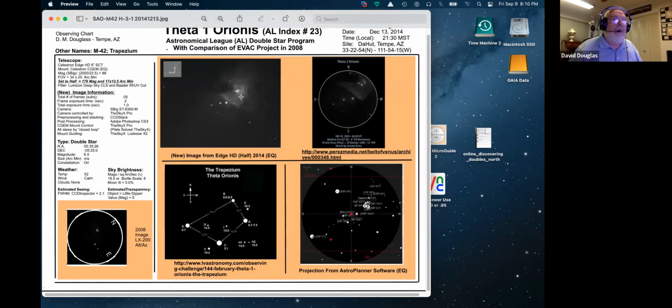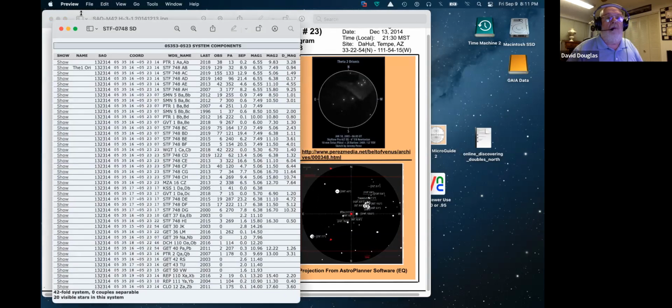The trapezium is in the Orion Nebula, within the nebulosity. It makes pulling out very, very faint stars very, very difficult, but it can be done. It can be done. But here's another case where we've got double stars, but it's actually a cluster, a recognized cluster.